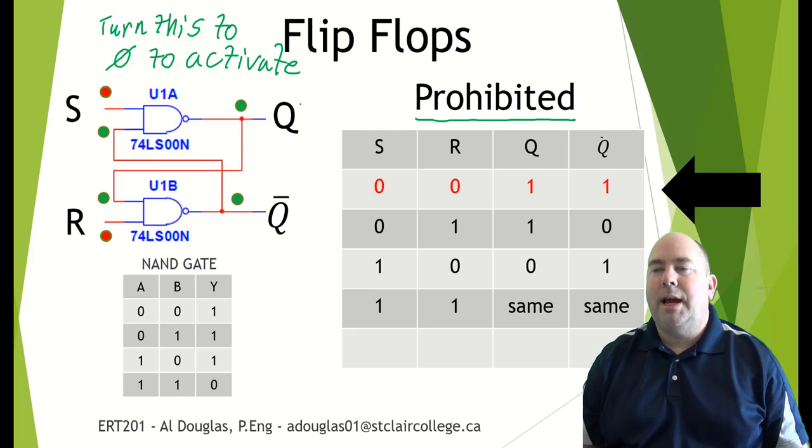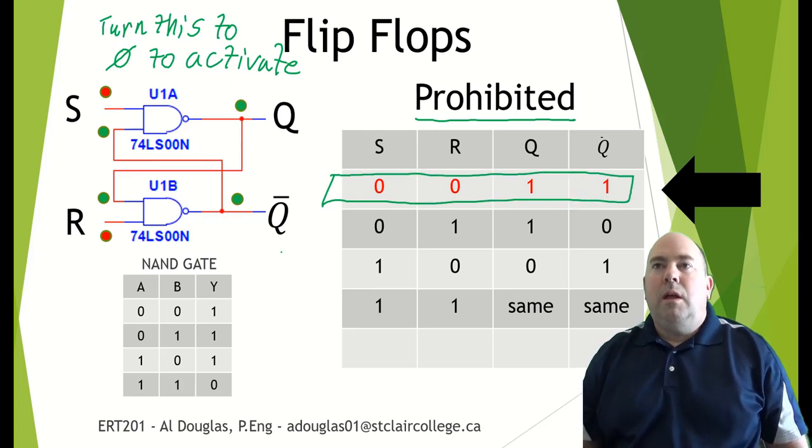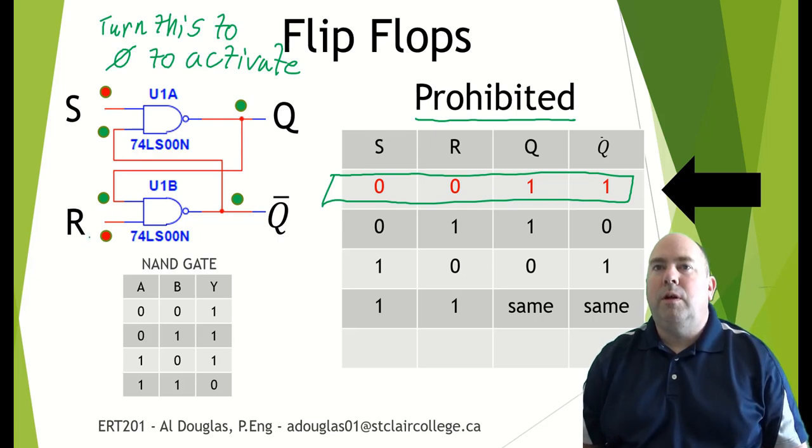So it's actually like an active low input. So having them both as zeros, this is a state that we will not have. So we don't want to get this state. Okay? Because basically right now we have a 0 and we get both Q and Q bar on at the same time. That's not good. Okay?